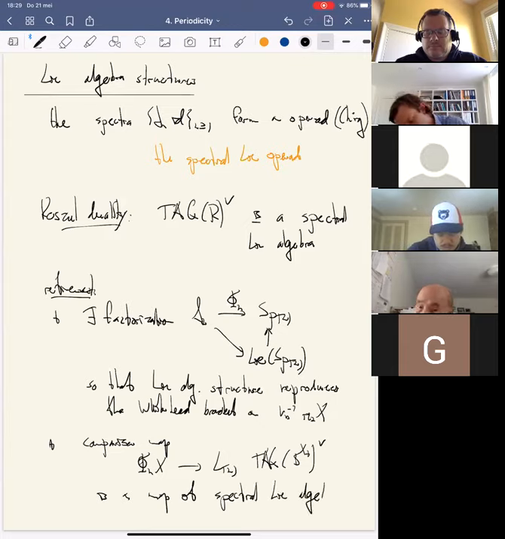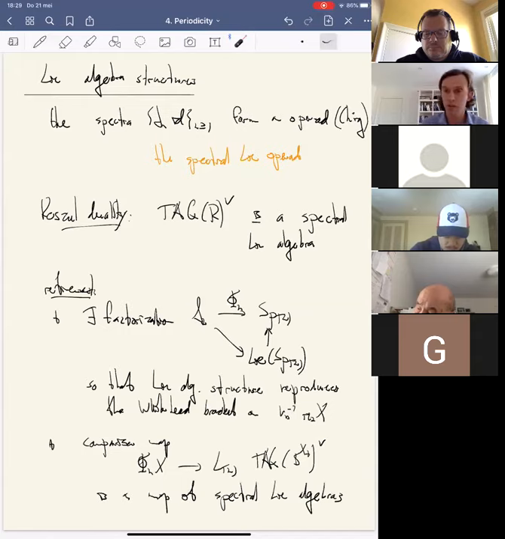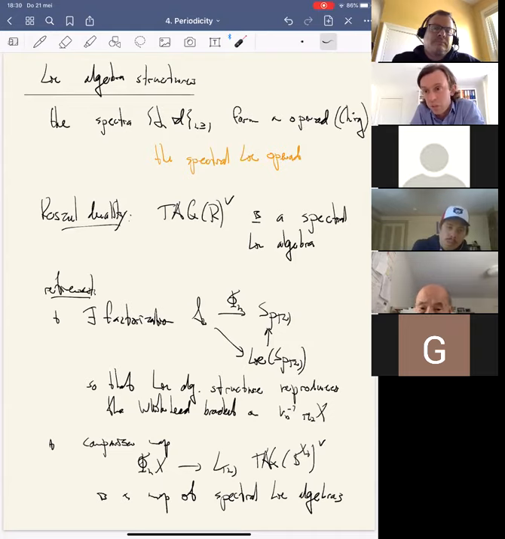Okay, so this is really the start of a story where you can start working with these things, these Φ_n of X's, as if they were Lie algebras. Well, they are, in the appropriate sense of stable homotopy theory, and you can really start computing with these things. Various people over the last few years have studied the structure of these Lie algebras from a calculational perspective. They have homology operations similar to Dyer-Lashof operations for commutative ring spectra.